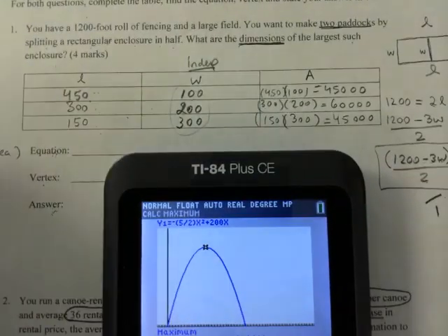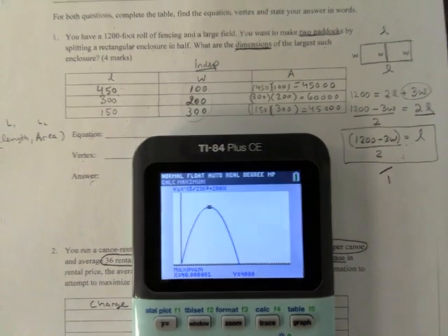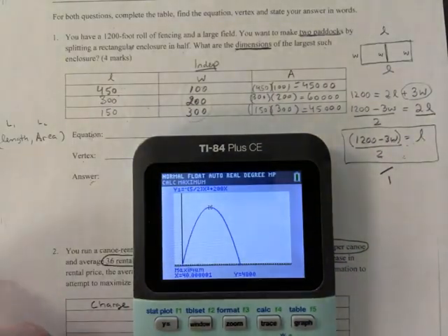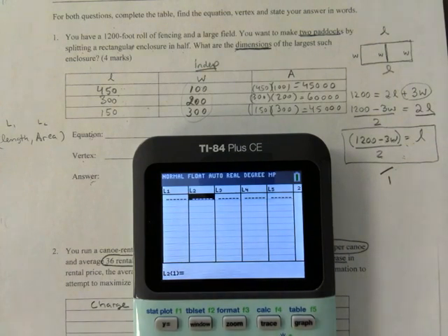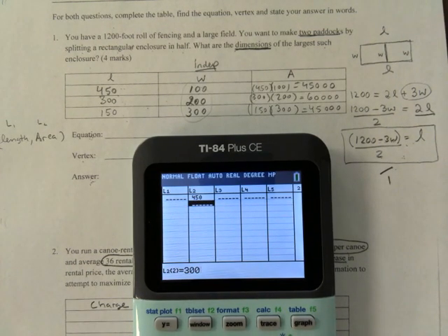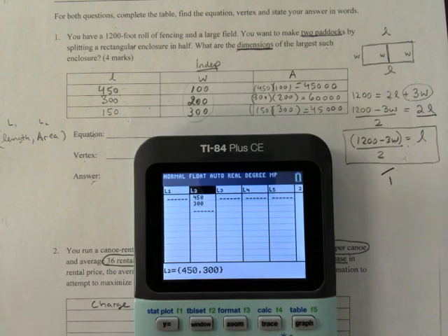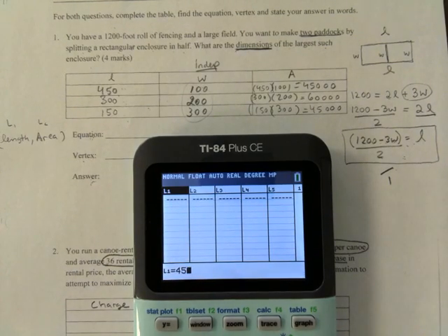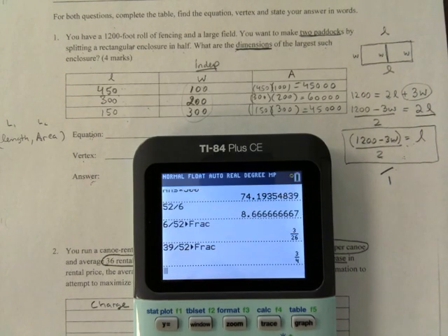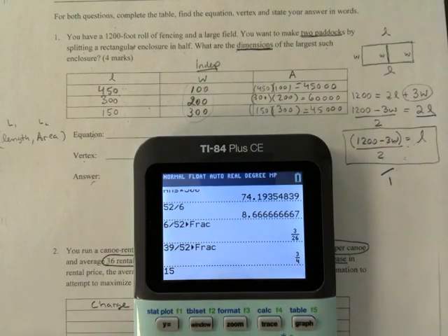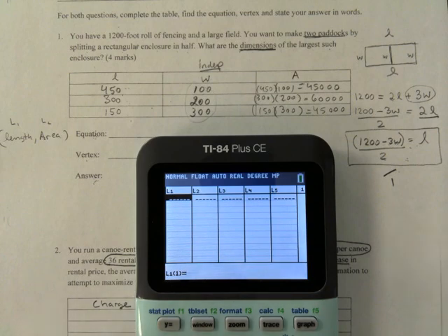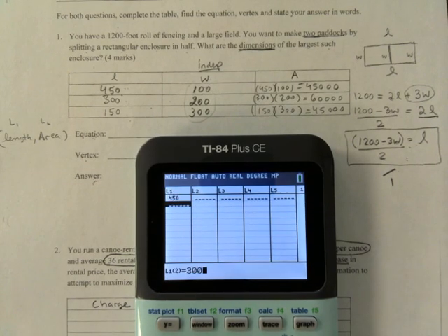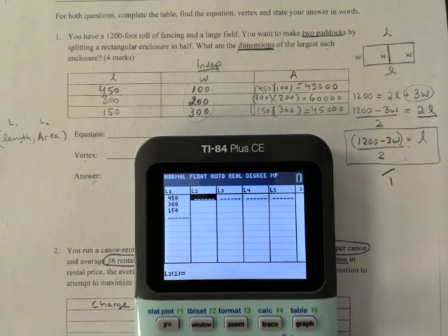Let me zoom out again. So I go, this is a different question. Oops, wrong. Let's redo this. There, 450, 300, 150. What am I doing? There we go, 450, 300, 150. I do know how to use my calculator.